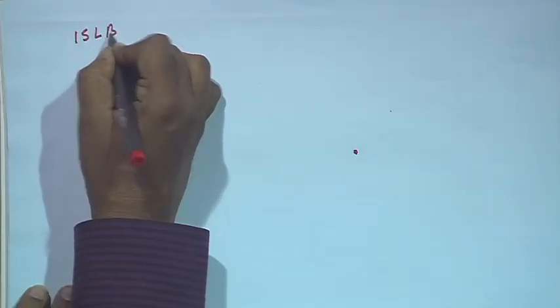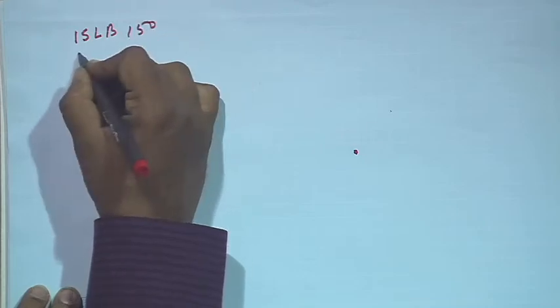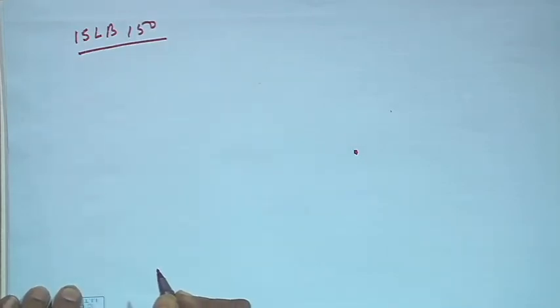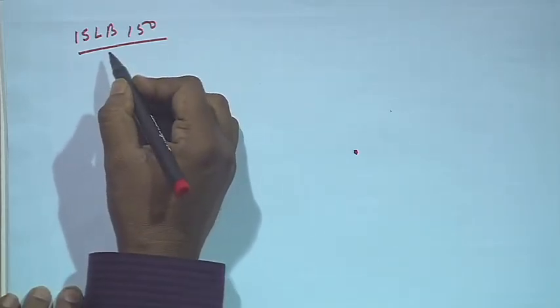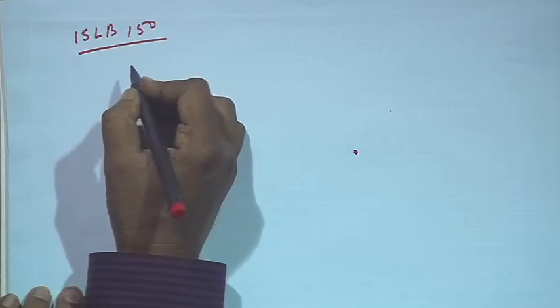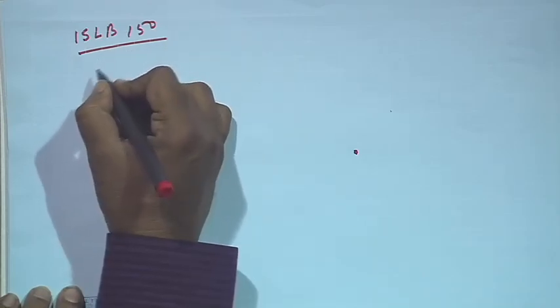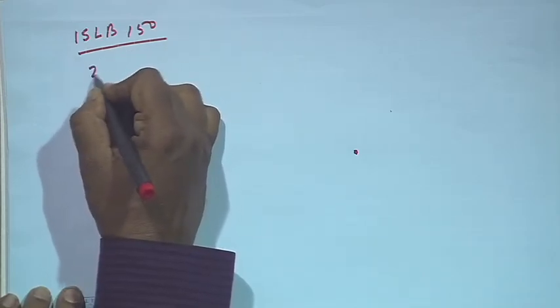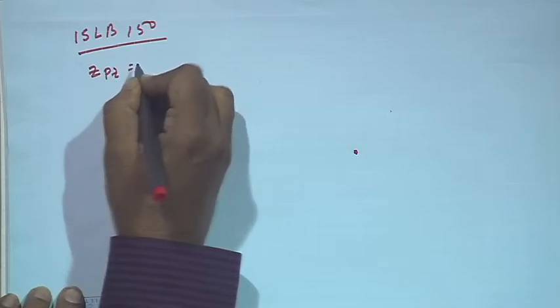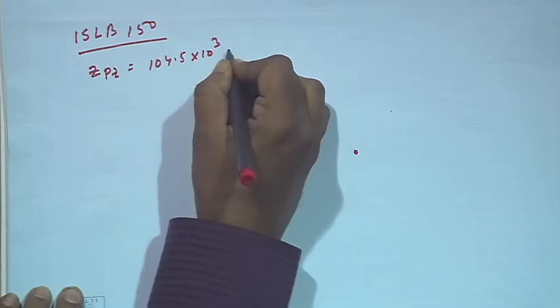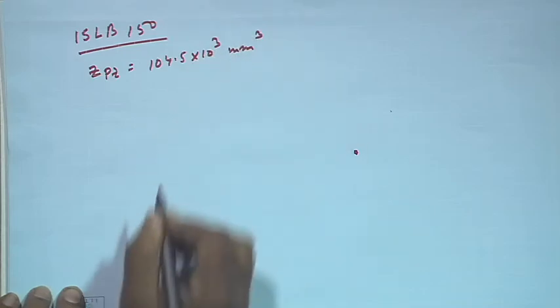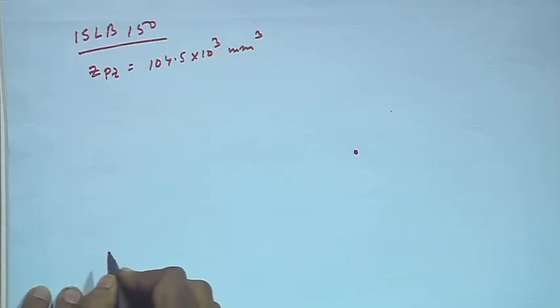If we choose a section of ISLB 150 from the SP6, in which the section modulus is more than the required one, the plastic section modulus of this ISLB 150 is 104.5 into 10 cube, and we need 66 into 10 cube millimeter cube.